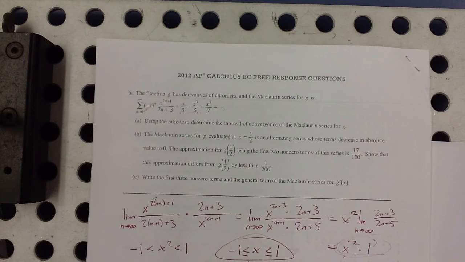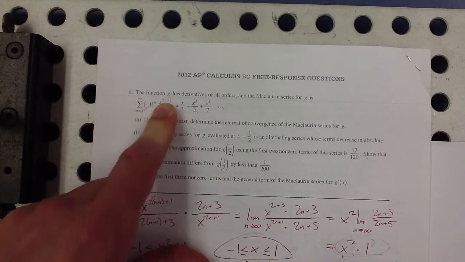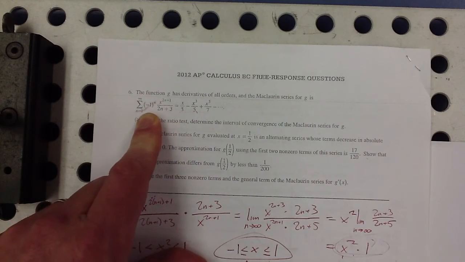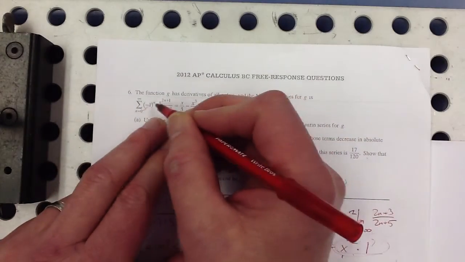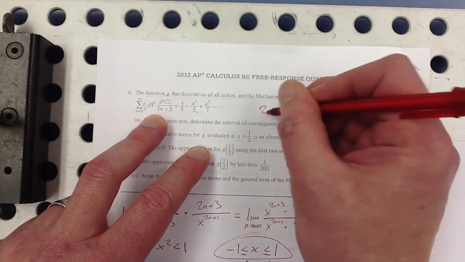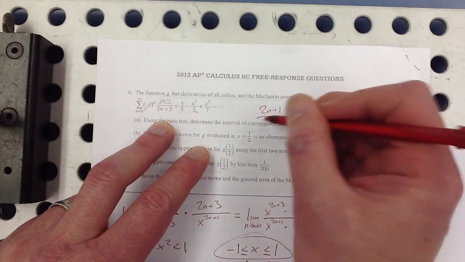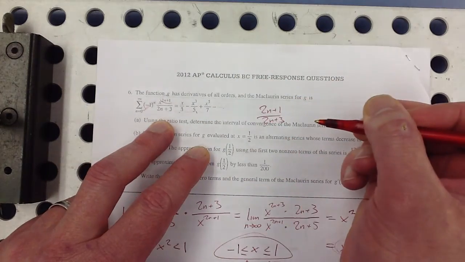The general term, there's a couple ways to do it, but probably the easiest one is just to take the derivative of this, right? So, in other words, just do the derivative rule with that. The exponent would come out to the front, so it would be 2n plus 1 over 2n plus 3.